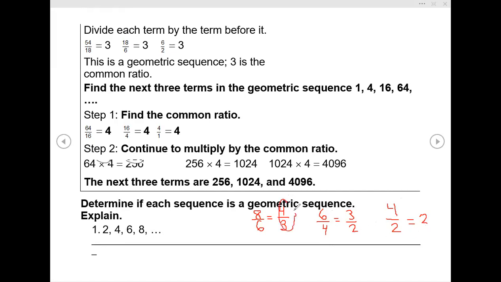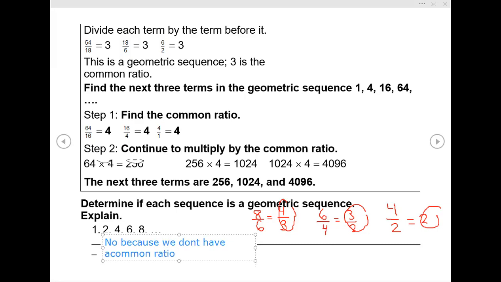This is 4 over 3, this is 3 over 2, and this is 2. So we will say no, because we don't have a common ratio. This one is not a geometric sequence.